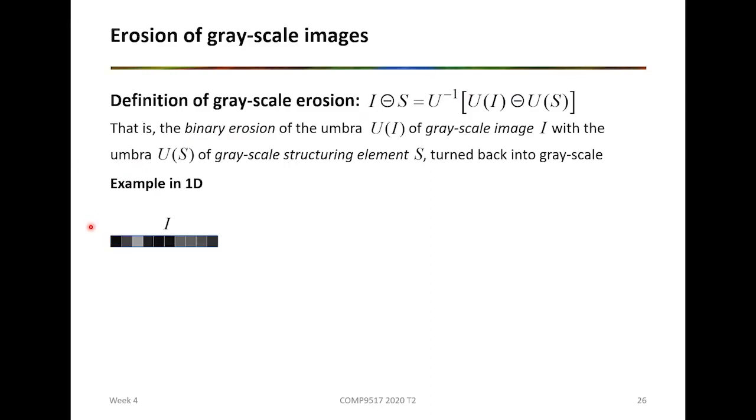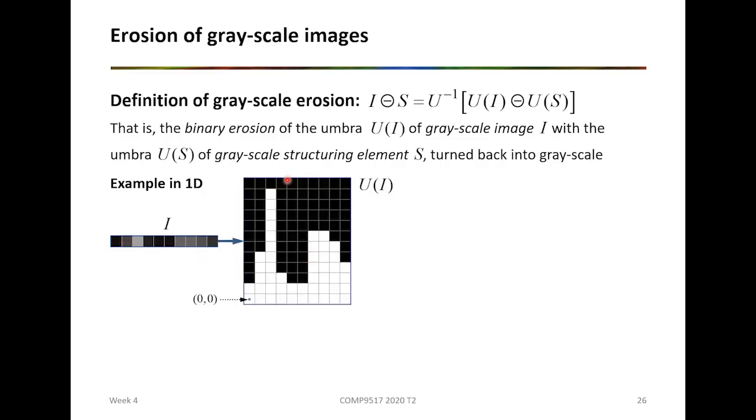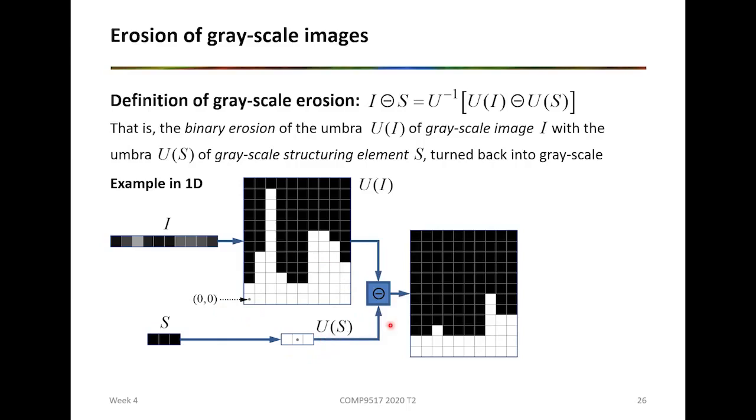Again, a one-dimensional example, the same input image as I showed before, translates to this umbra representation, this two-dimensional binary representation. If I take the same structuring element with zeros everywhere, so the flat structuring element, that transforms to this umbra representation, and now I can do a binary erosion, and that will give me this final result, where all these pixels have been removed.